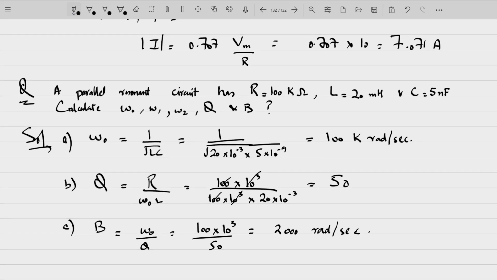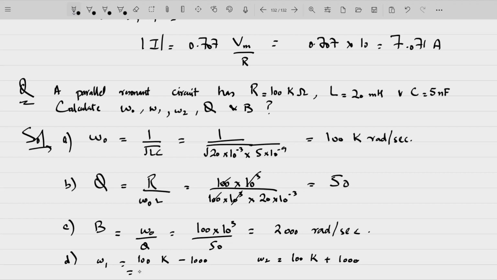Now we have the bandwidth, we know omega naught, so therefore omega 1 is 100k minus 1000, and omega 2 will be 100k plus 1000.